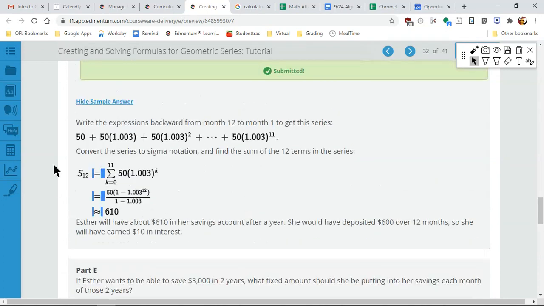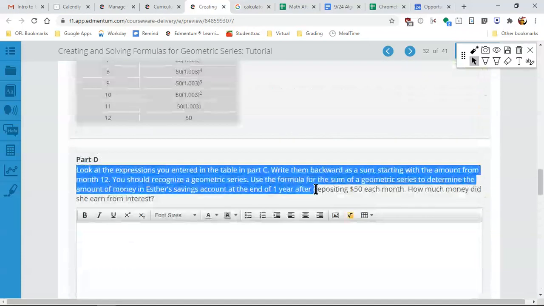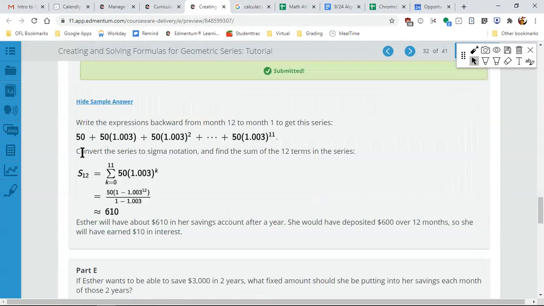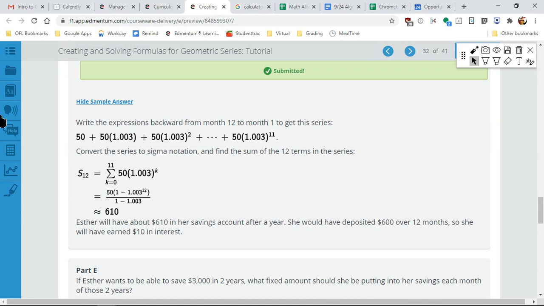So this one, I remember the math teachers got together. This one is really wrong. What they're saying is she's depositing $50 on top of getting interest from the month before. So there's no reason to ever do this in the real world. You guys can see the answer here.